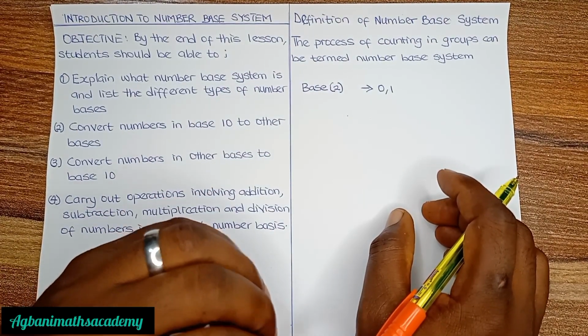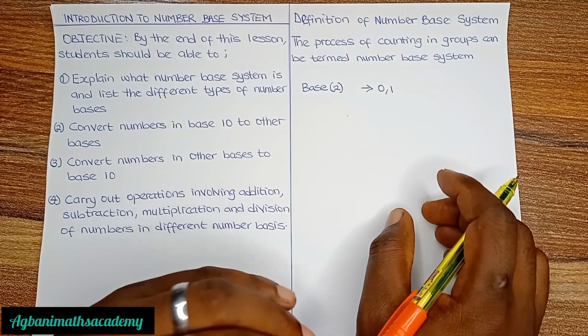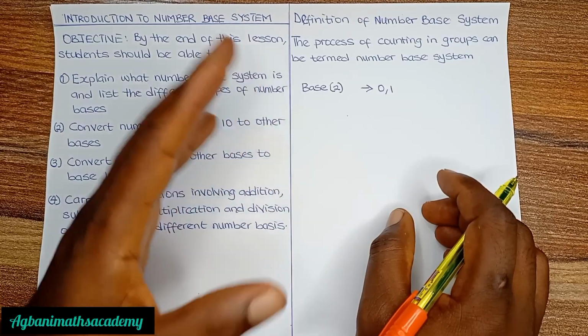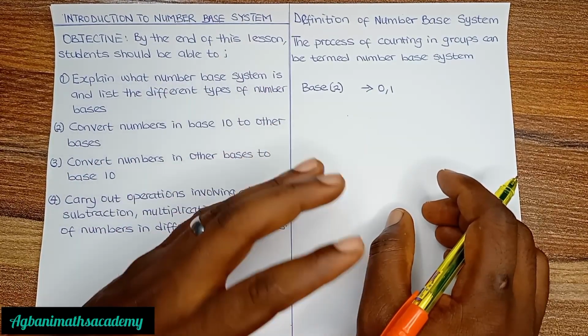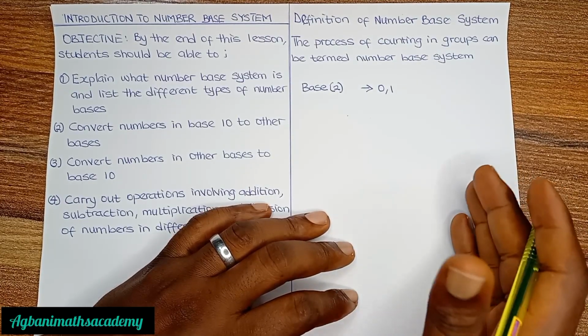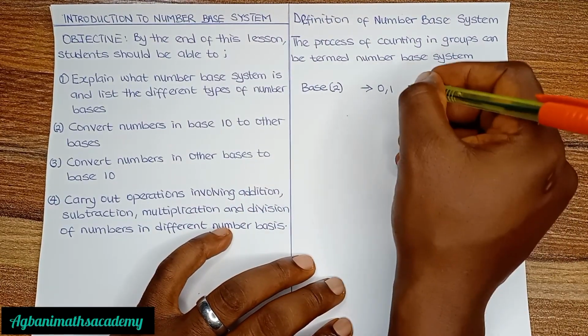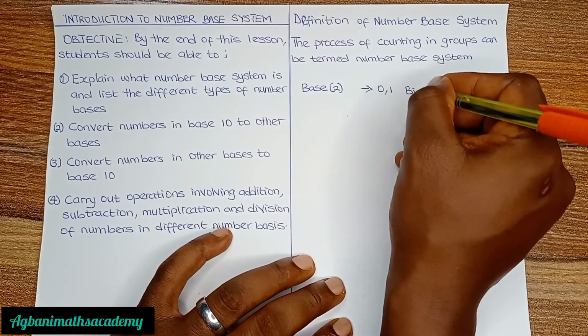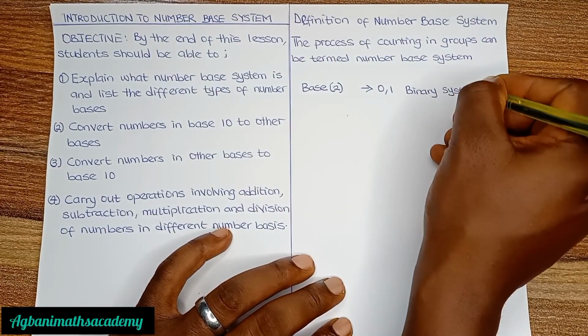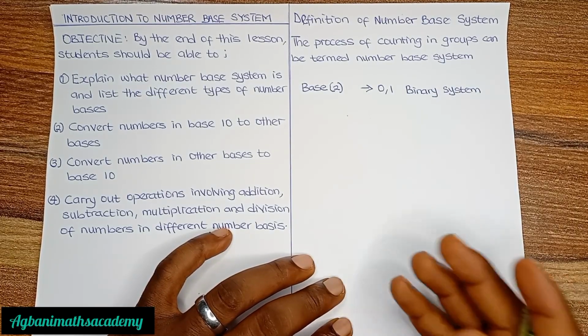Those 2 numbers will be 0 and 1. So in this system, you will not see 2, 3, 4, 5, and so on. Whenever you want to write a number in this system, it will be a combination of only 0 and 1. This is also called the binary system.